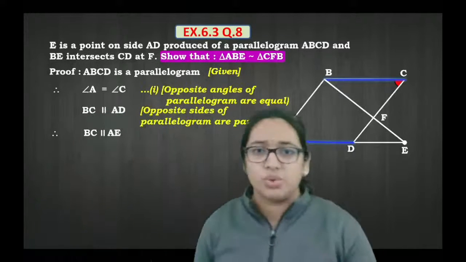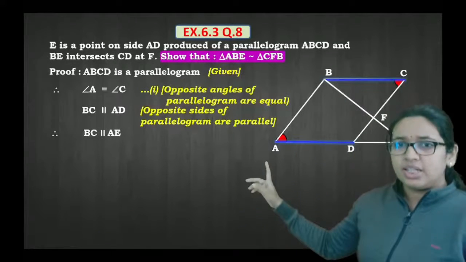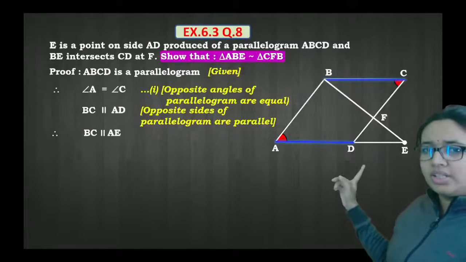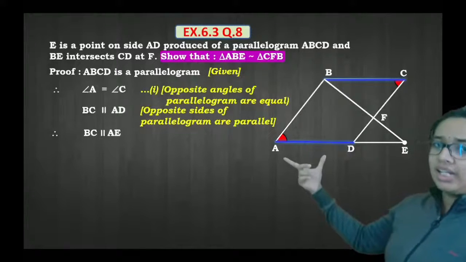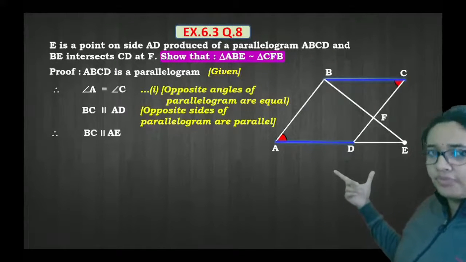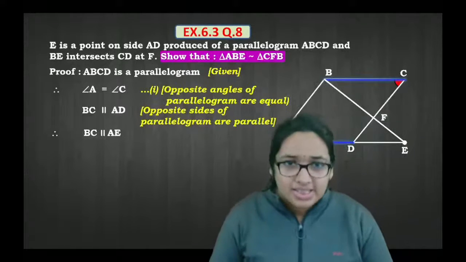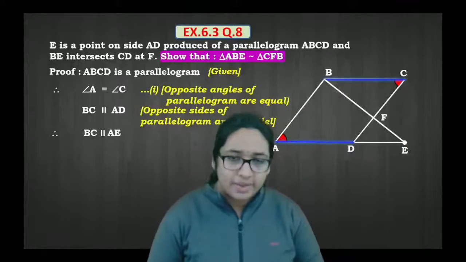We'll use this one. And as we all know, A, D and E are collinear points. So instead of writing AD, can I write AE there? Yes. So our next step is that I can say BC is parallel to AE.